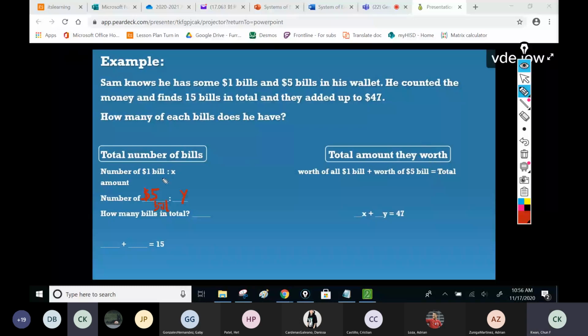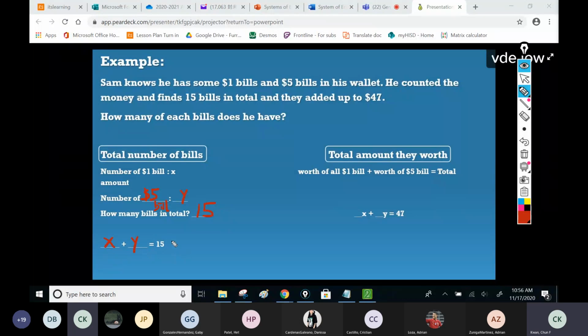So he has some amount of $1 bills, we're going to set it up as X, and some amount of $5 bills, we're going to set it up as Y. Together, he has 15 bills in total. So our first equation is X plus Y equals 15. That's your first equation.